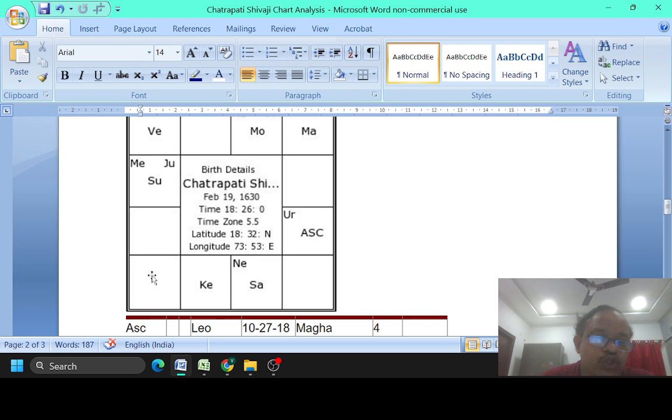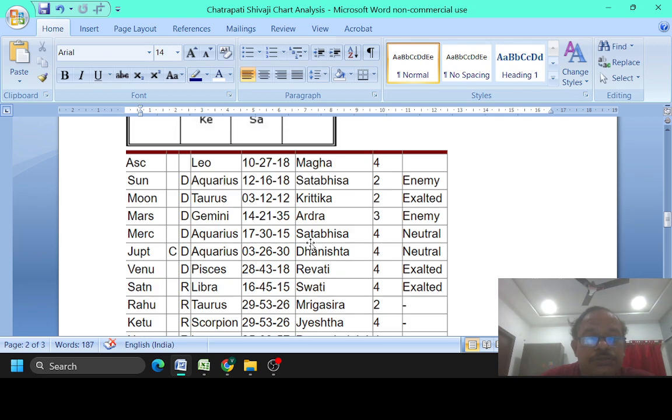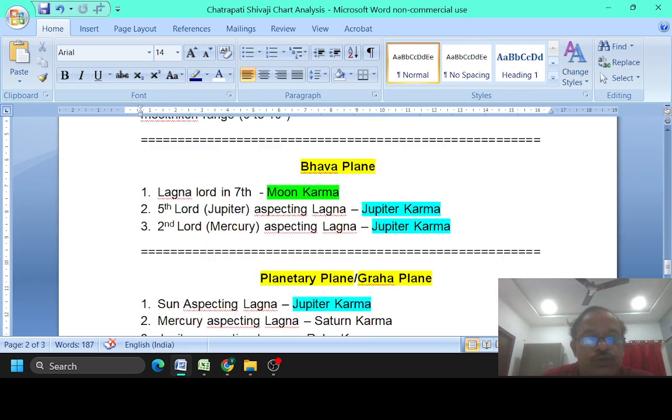The 5th lord is again Jupiter. Sagittarius is ruled by Jupiter, so the 5th house is Sagittarius. Jupiter is in the 7th house aspecting Lagna. So the second lord, Lagna lord as well as the 5th lord, 1, 2, 5, are aspecting Lagna, which means they will have Jupiter karma.